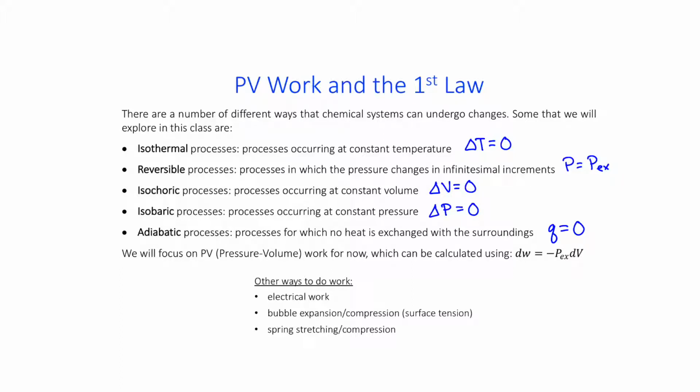All right, so starting out, we're going to focus on what we call PV work. That's pressure volume work, where you have work that's associated with a volume change. That can be calculated using this expression: dW equals minus P external dV. So again, we need to know something about the pressure of our system and the volume change of our system, and that will give us information about the work involved.